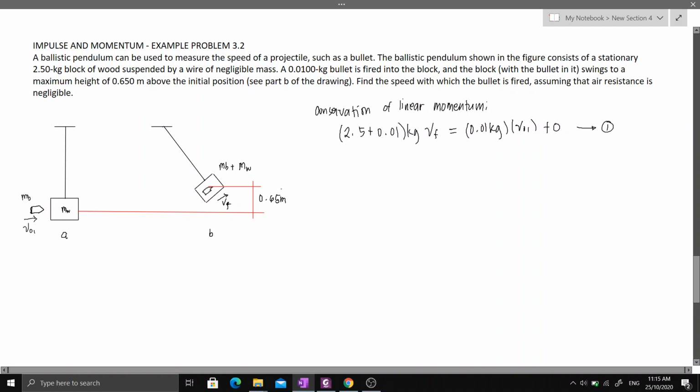For the second equation, we will use the conservation of mechanical energy.